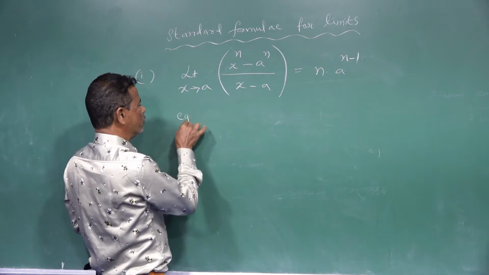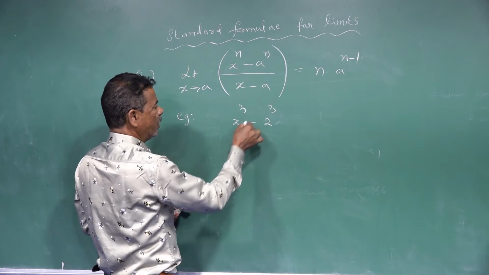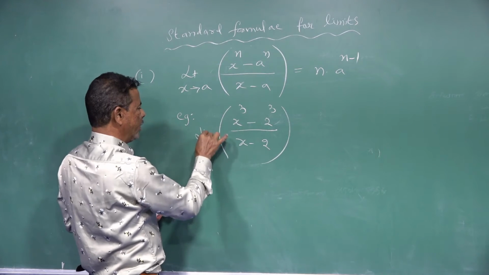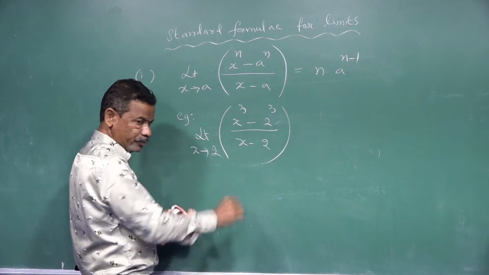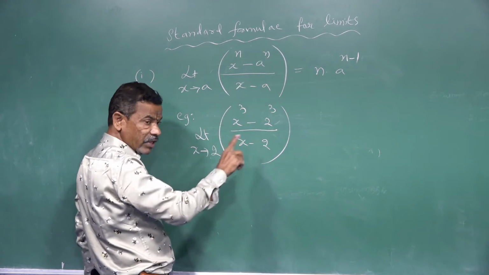For example, limit x tends to 2 of x to the power of 3 minus 2 to the power of 3 divided by x minus 2. This is the function f of x in terms of x.